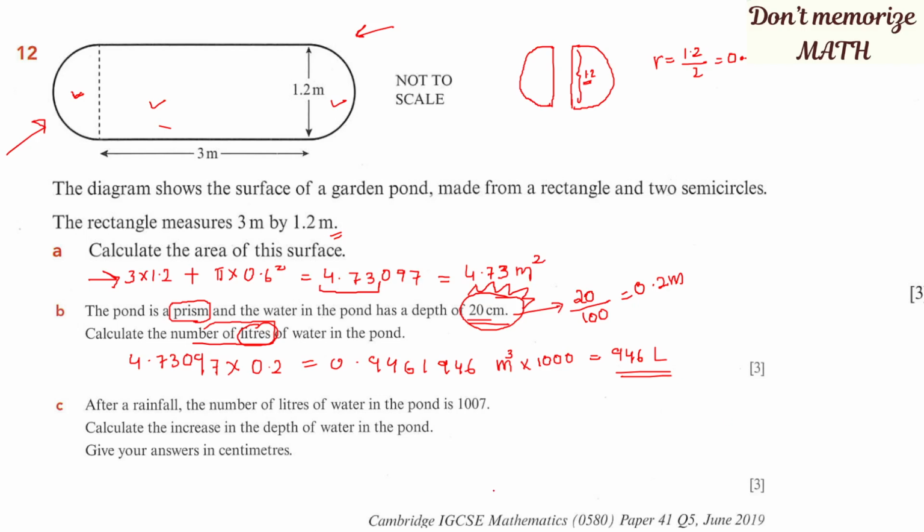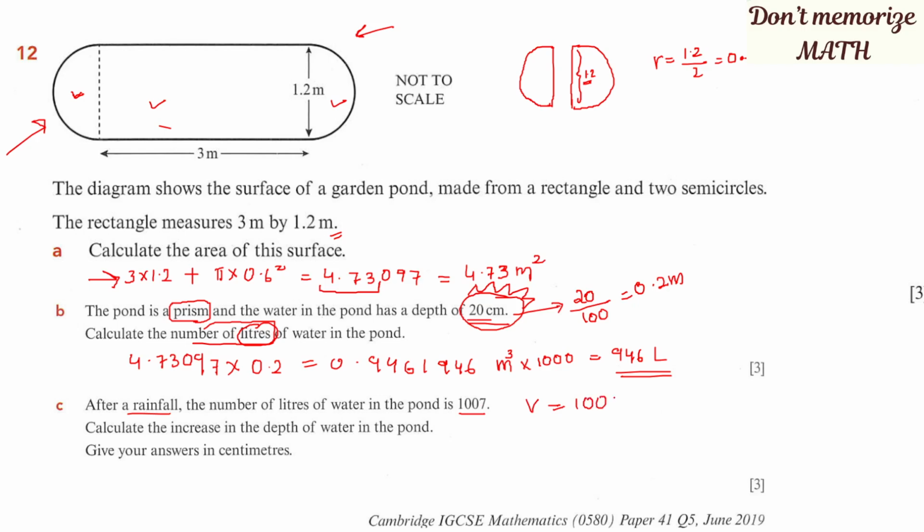Okay. After rainfall, the number of liters of water in the pond is 1007. Calculate the increase in the depth of water in the pond. Give your answer in centimeter. So what is volume? Volume is given here. How much water it contains, that is volume, right?